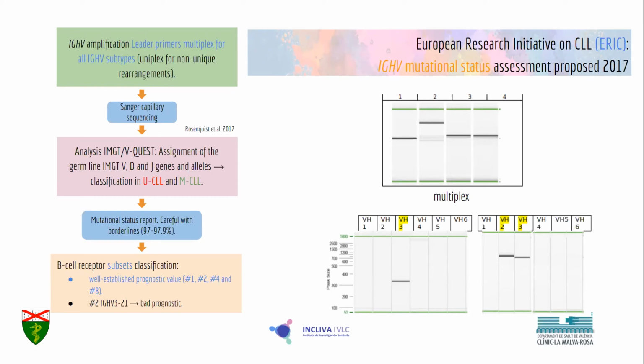They are numbered. So some of them are 1, 2, 4, 8. And for example, it's really interesting to note group 2, because it only involves the presence of the V gene 3-21, and it's always a bad prognostic signal.